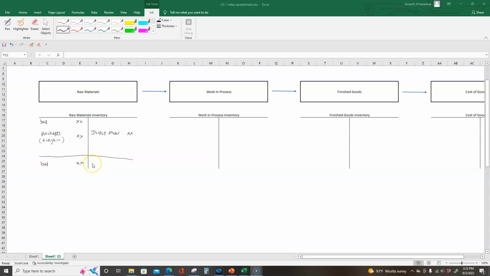In this example, I just looked at one side of the T account, so we didn't look at debits and credits here. Just wanted to show you how things are affecting just the raw materials inventory T account. And now this is direct materials used. Let me complete that and say direct materials used.